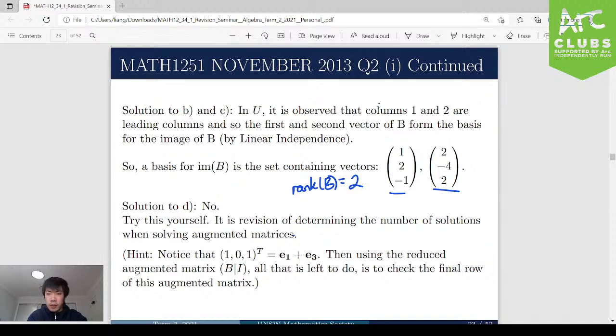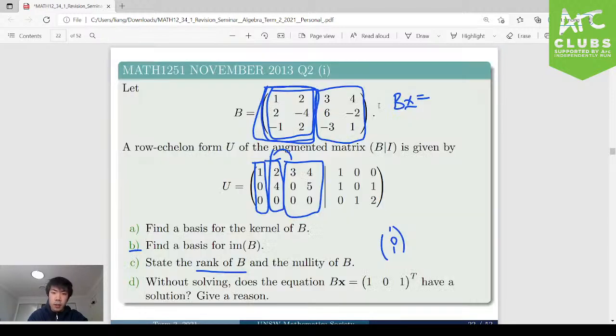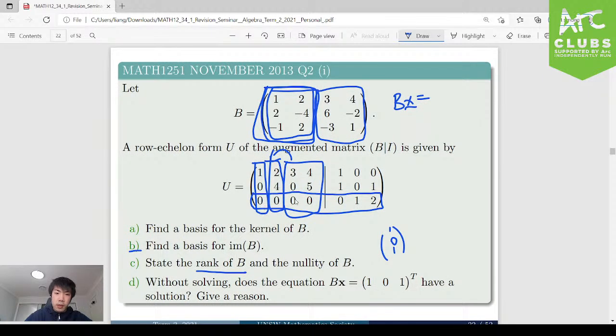That's a bit of a hint because you can try apply that to the matrix U here. And basically, in the end, you're just left with checking the conditions in this last row here, because again, this is just some revision. But if you recall, when you have 0, 0, 0, 0, you'll need some pretty specific conditions in order for this thing to have a solution.